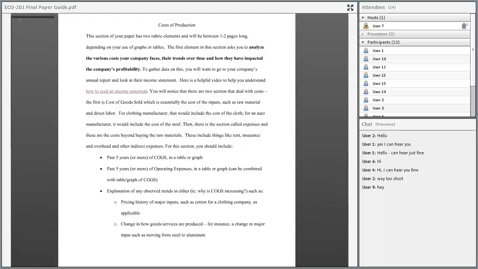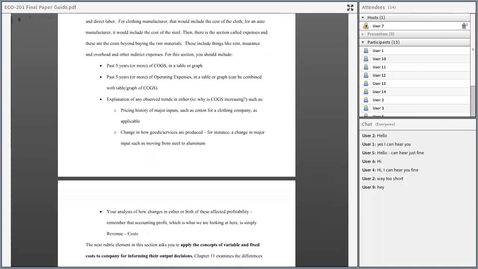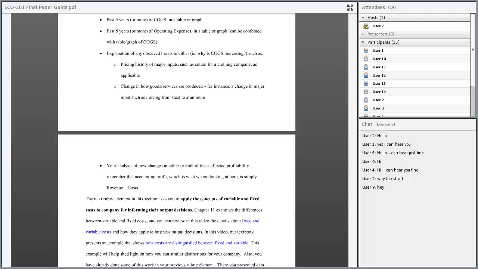So, for example, if there have been changes in the prices of inputs, or there's been a change in the way the goods have been produced. So you want to observe what changes have occurred in the costs of production for your firm over time.